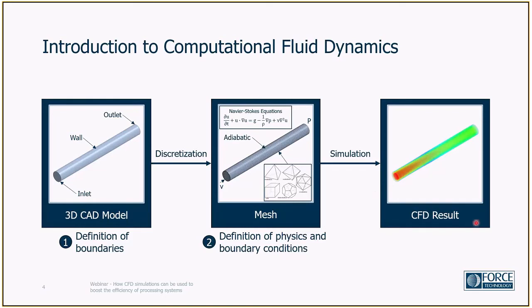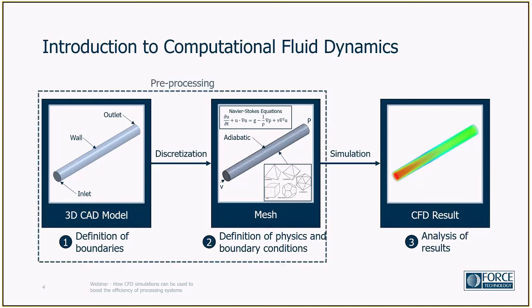And the last step here is the analysis of the results that we have obtained. And here is where we can see some interesting values on velocity or temperature or anything we consider is relevant for us. And all this can be divided into three major steps.